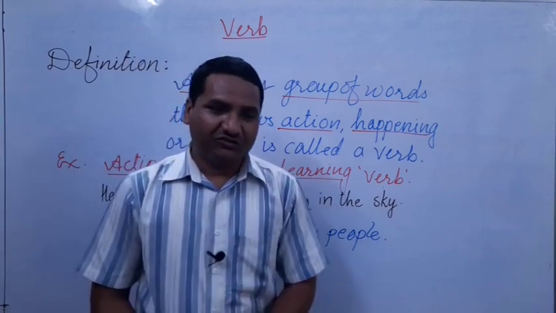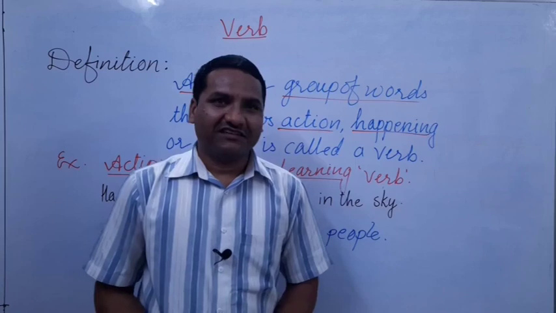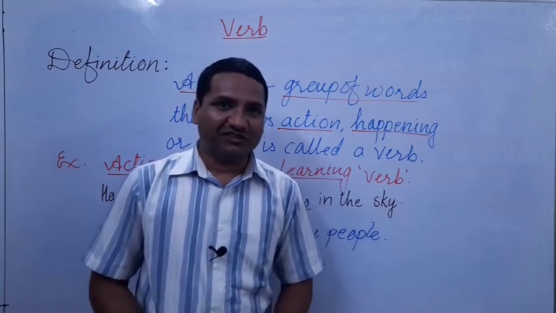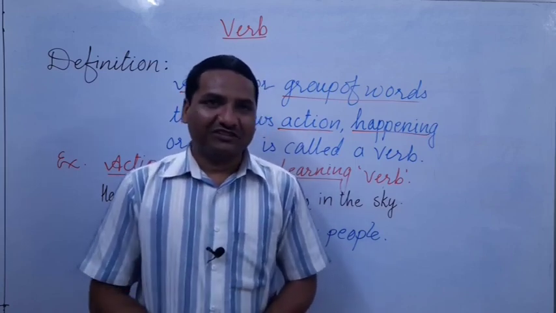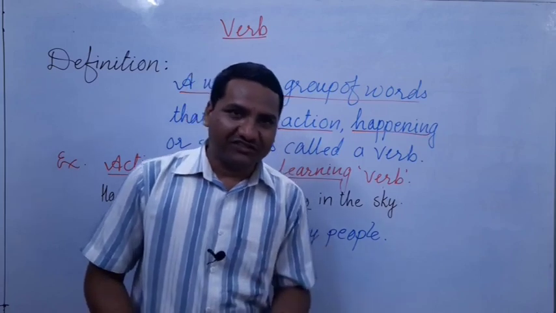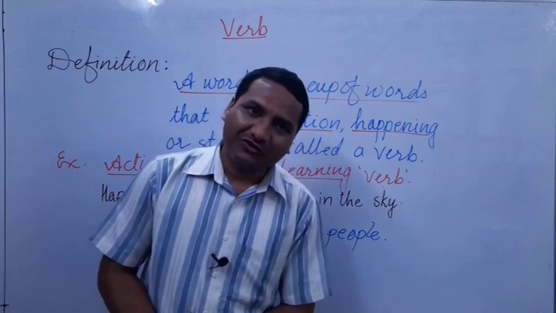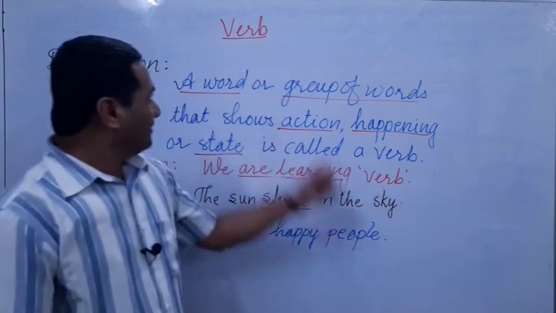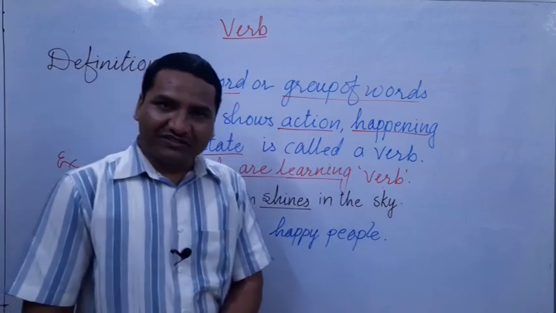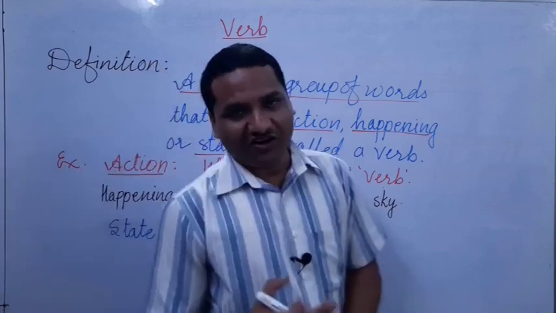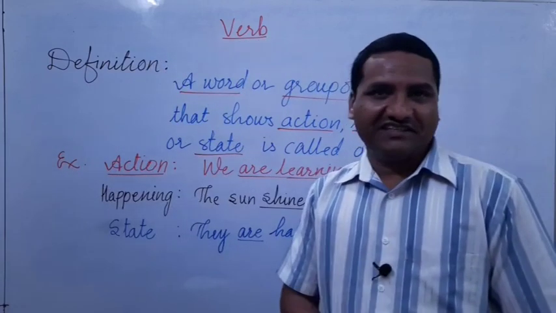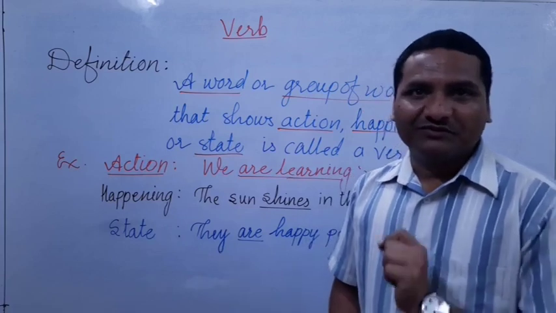According to traditional teachers, they are telling action word means verb. But no, this is wrong. Action words, happening words or stating words are also verbs. So a word or group of words that shows action or happening or state is called verb.